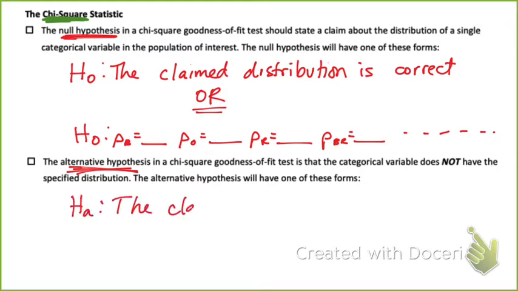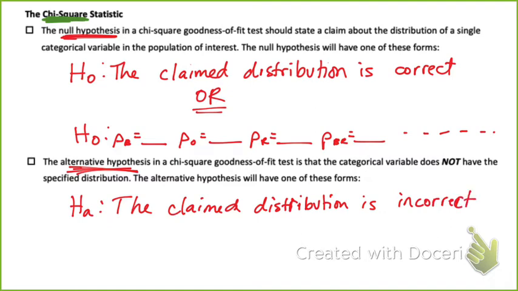That would be that the claimed distribution is incorrect or not correct. Either one, same thing. Now, if you wanted to do the specifics, then you could do this.